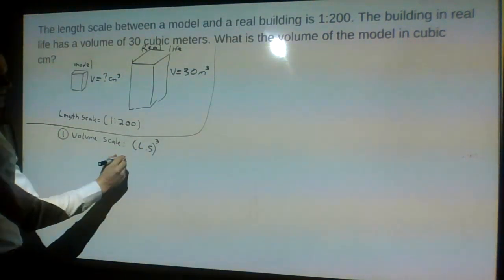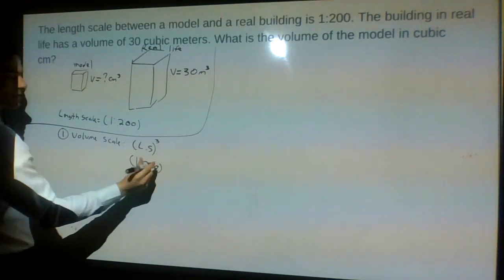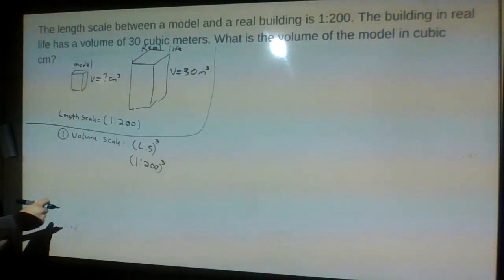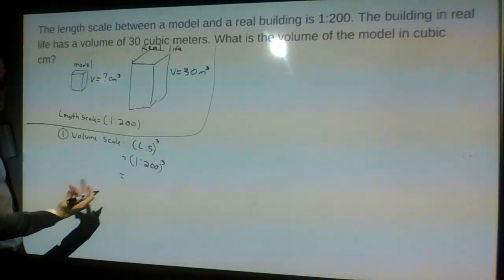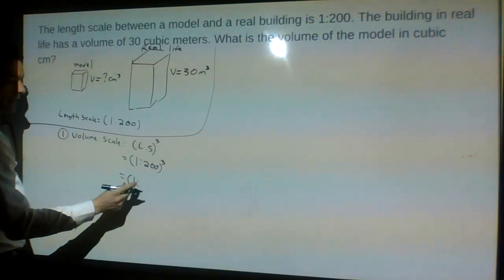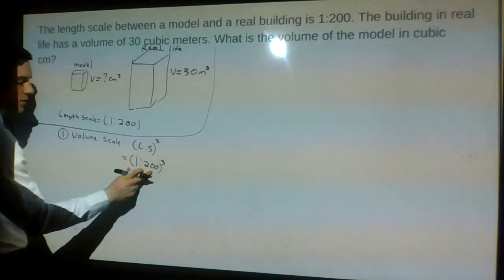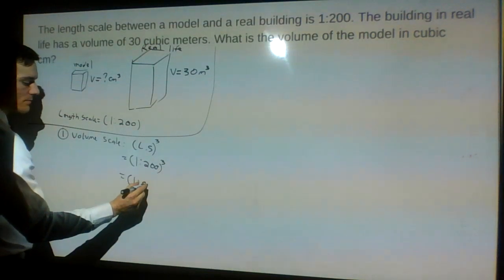My length scale was 1 to 200. So my volume scale becomes 1 times 1 times 1, which is still 1, and 200 times 200 times 200, which I think will be 8 million.